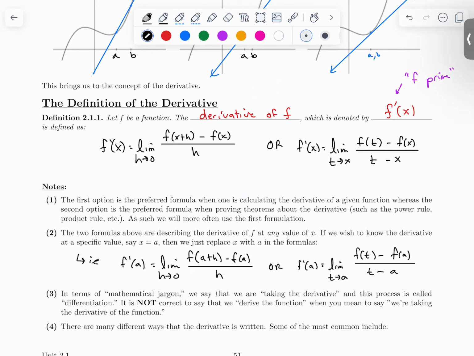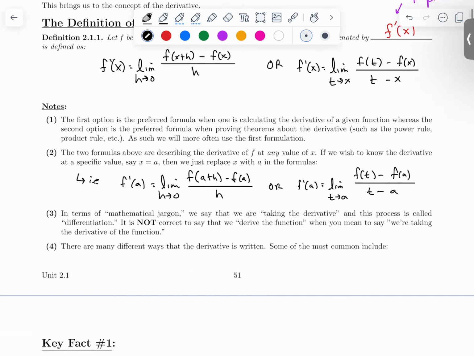The other thing is that this notation is what we actually call Newtonian notation of the derivative. There are many other ways that we've denoted derivatives. Of most important note would be f prime of x, dy dx, df dx, so df over dx or dy over dy dx.